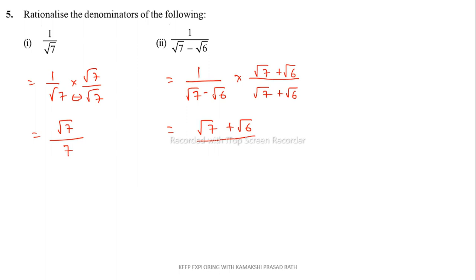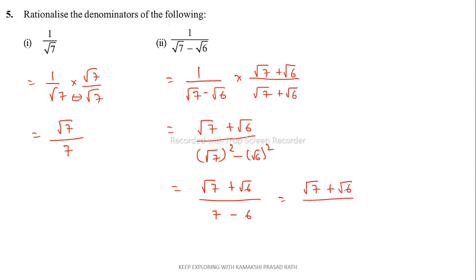That is a minus b into a plus b, a squared minus b squared. That is root 7 plus root 6 whole by root 7 squared is 7 minus root 6 squared is 6. So we get root 7 plus root 6 by 1. That is nothing but root 7 plus root 6.